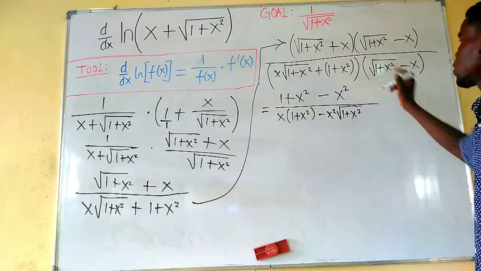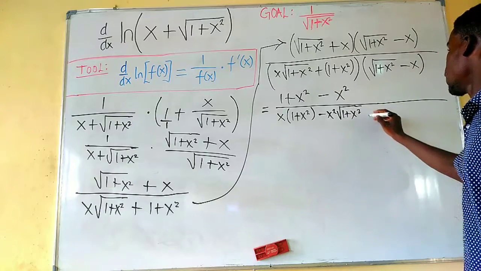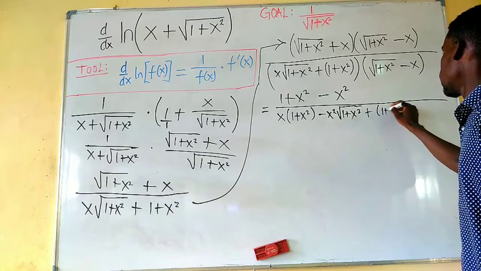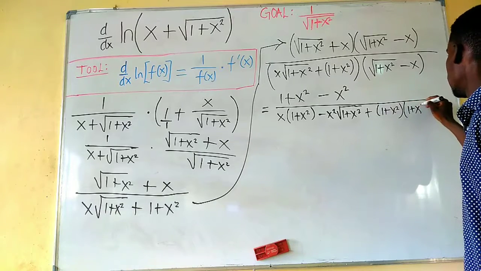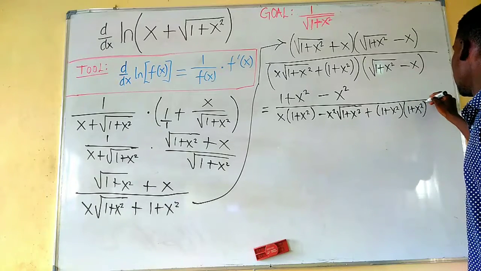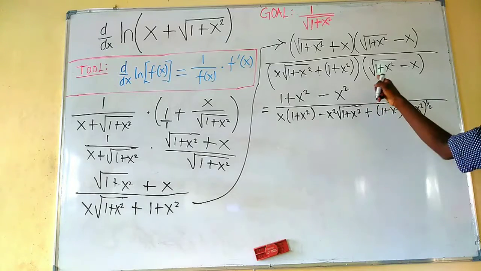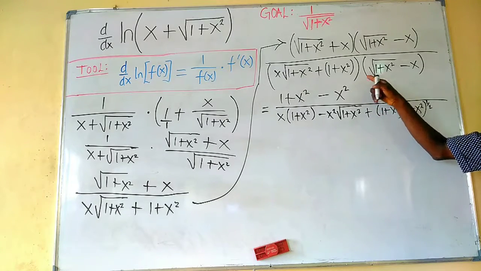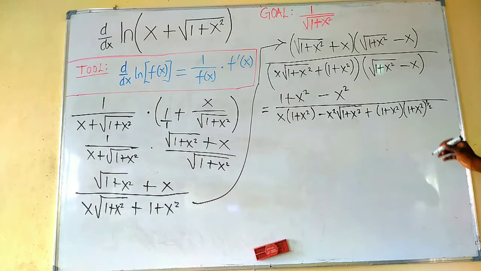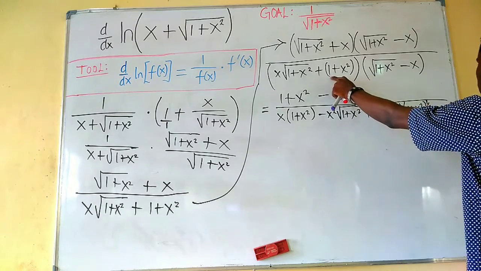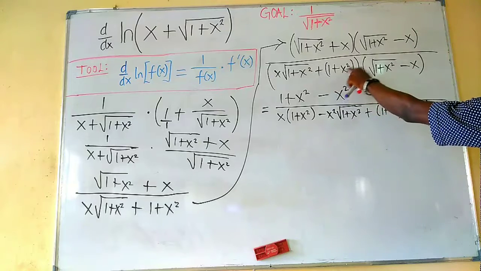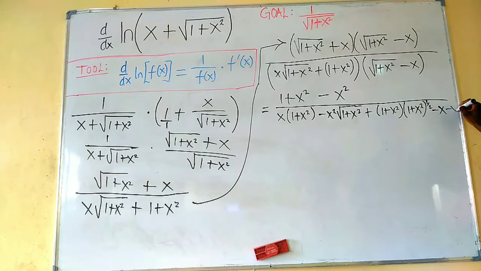And in this other case, we still have plus 1 plus x squared times 1 plus x squared raised to the power of 1 over 2. This one I'm just changing from square root to 1 over 2, which is the same thing. And in this other case, we have x times 1, we have x, and x squared times x, we have negative x cubed at the end, like that.